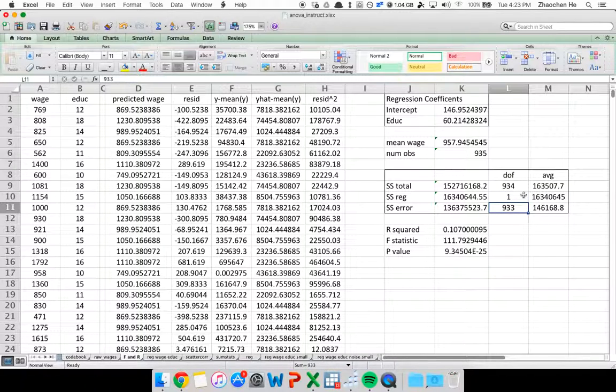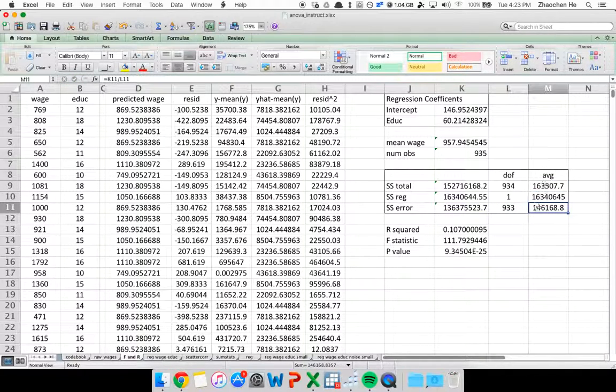The number of degrees of freedom associated with the error is equal to the total degrees of freedom minus the degrees of freedom in the regression. So in this case, it's 934 minus 1, 933. And for each one of these sums of squares, I've divided that number by the corresponding degrees of freedom. I've basically taken an average.